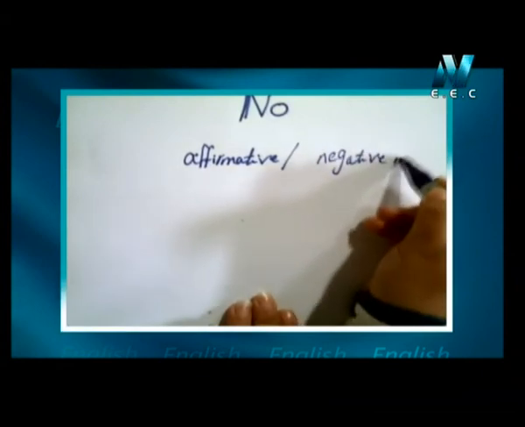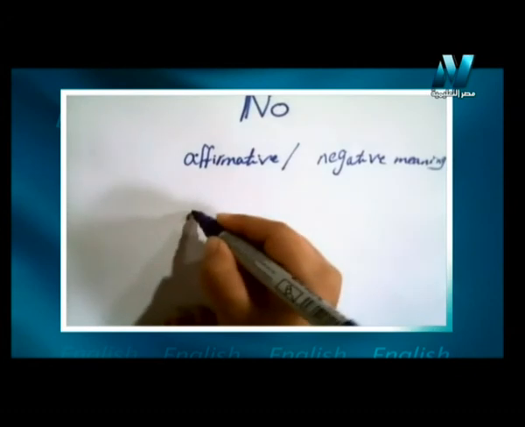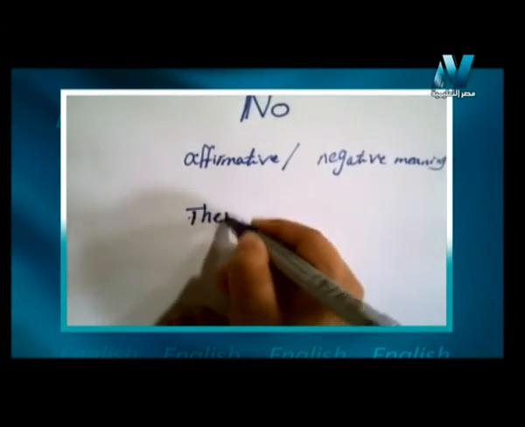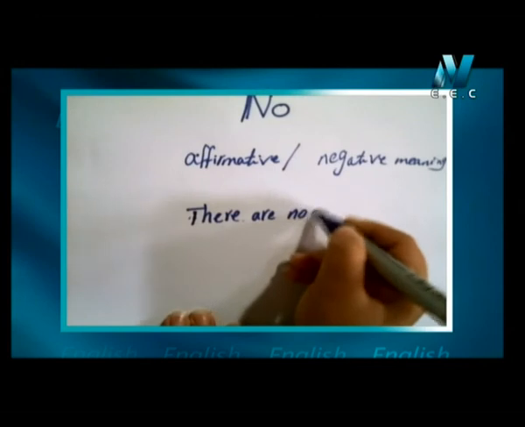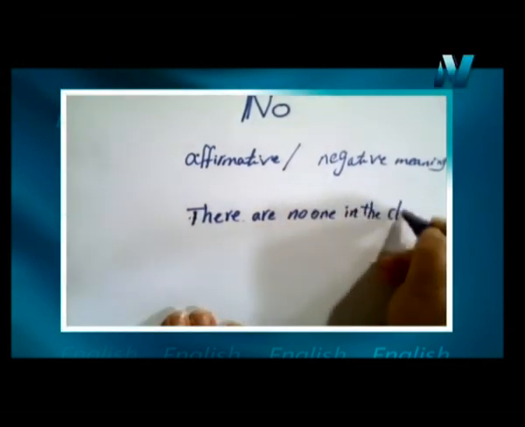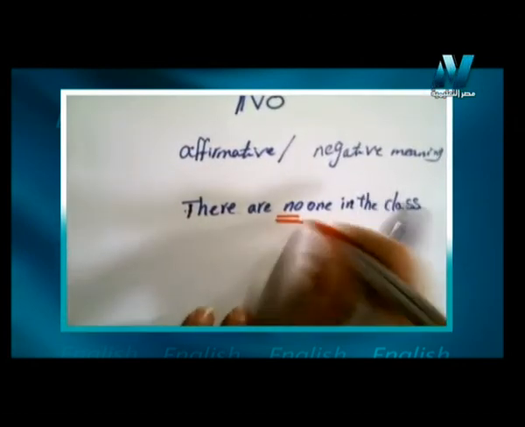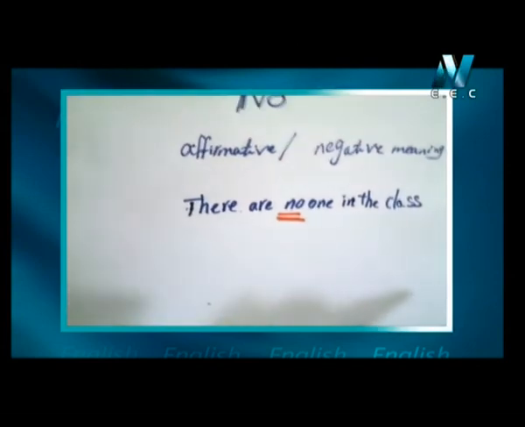For example, when I say there are no one in the class. I use here the word no in an affirmative sentence. جملة مثبتة يعني ما فيهاش نفي ما فيهاش كلمة not. There are no one in the class. لكن معنى كلمة no itself it has a negative meaning يعني ما فيش حد خالص in the class.